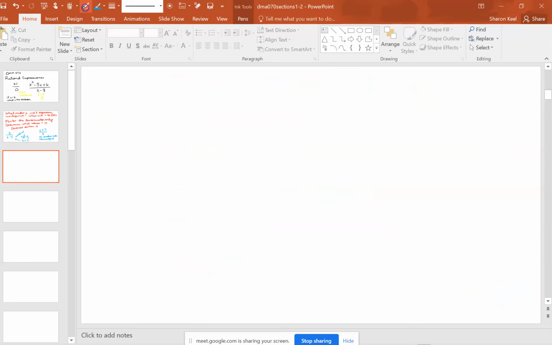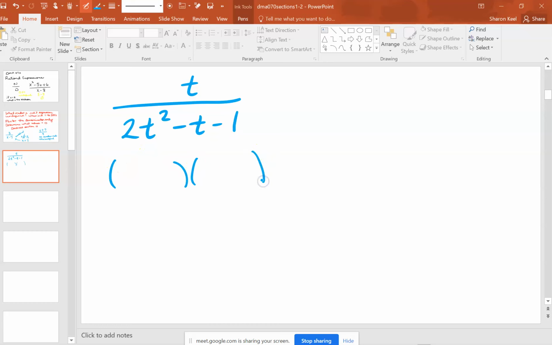Let's say I give you this one. Let's say we have t over 2t squared minus t minus 1. So if I'm going to factor this, I'm only looking at the denominator. I'm going to factor it to two terms. They start with t. Since it's 2 times negative 1, we need to remember to divide by that 2. And then let's go back and review those calculator steps.